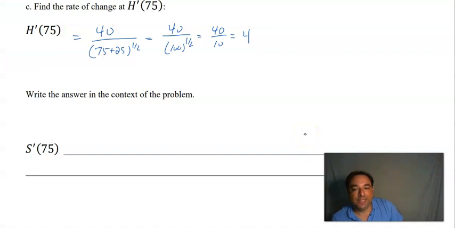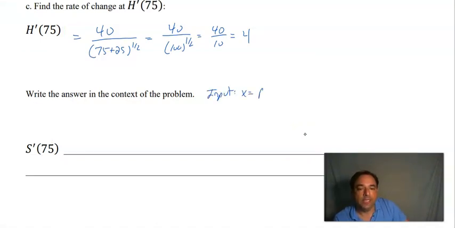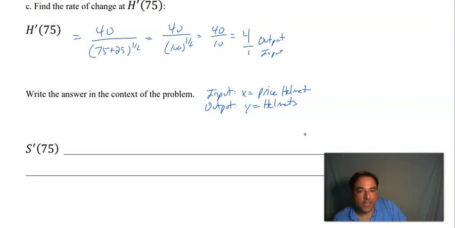So to explain this one, remember it all goes back to input and output. Input is price for the bike helmet. Output Y is the number of helmets. If you have 4 over 1, how do you explain it? It's output over input, the Y over the X. So in this case, it's how many helmets over price.